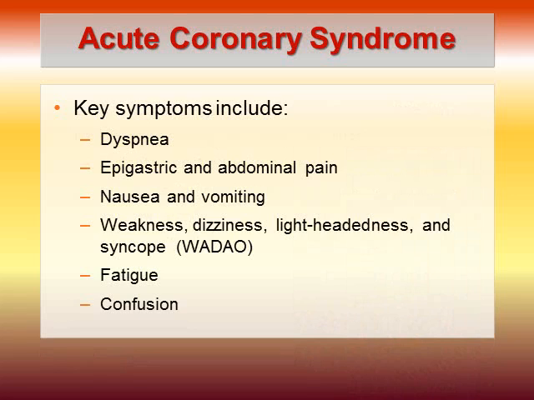Key symptoms that you're going to be watching for are abdominal pain, not chest pain, sudden weakness, weakness without explanation, sometimes described as dizziness, and sometimes accompanied by dizziness, fatigue and confusion. Sudden confusion can be from a lot of things, but don't overlook the fact that it could be a sign of an acute coronary situation and the patient is in fact having a mild heart attack.